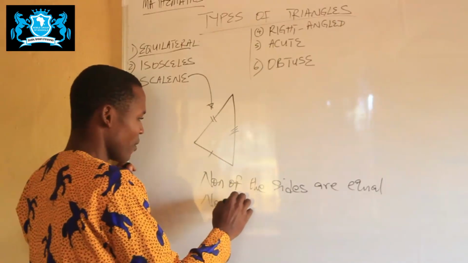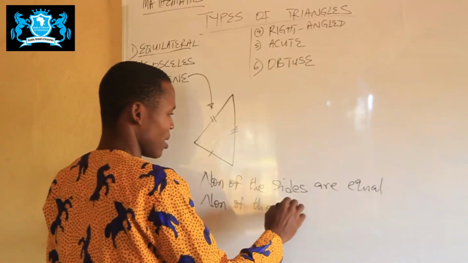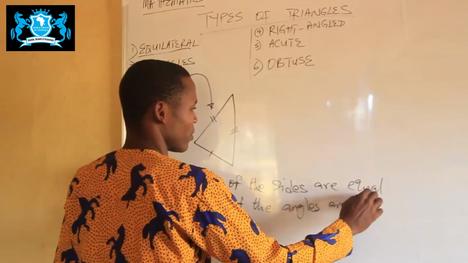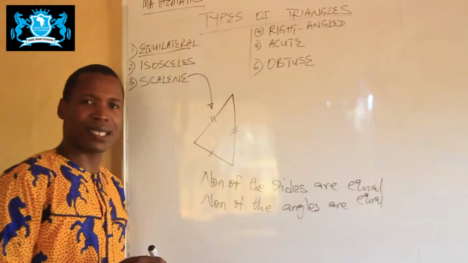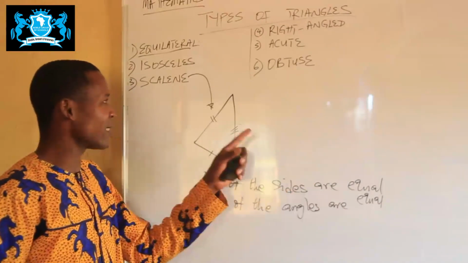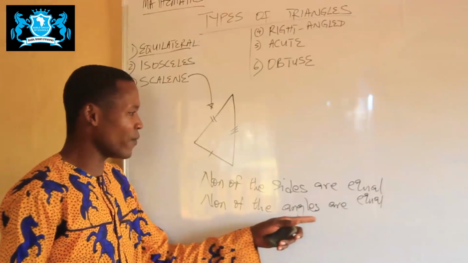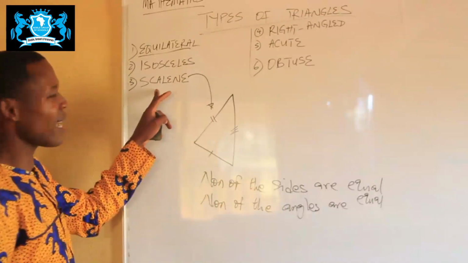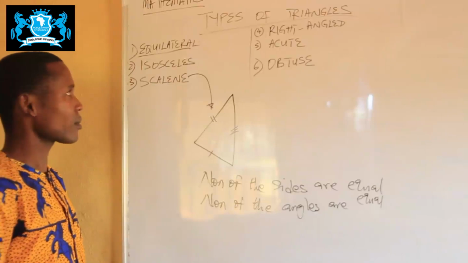None of the angles are equal either. That is the fact for a scalene triangle: none of the sides are equal and none of the angles are equal.